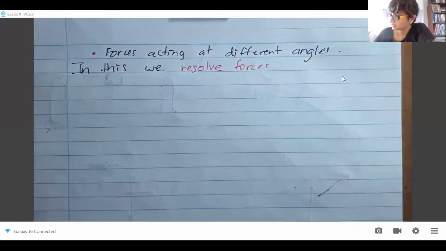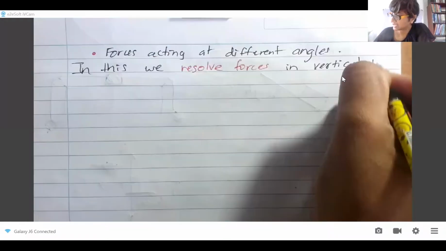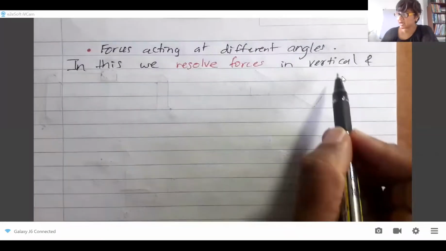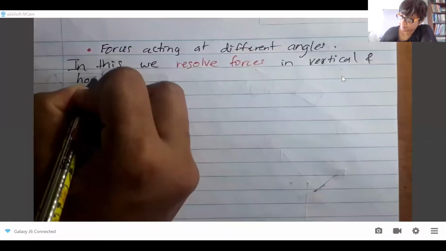Actually, you don't have to stick to resolving them into vertical and horizontal directions. It's just a preference that we have, so that's why I'm giving it, but it can be done in any direction that you want. In this, we resolve forces in vertical and horizontal directions.